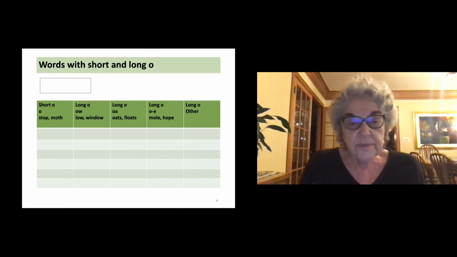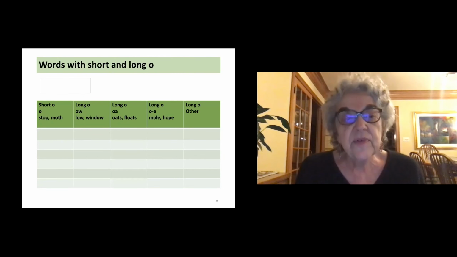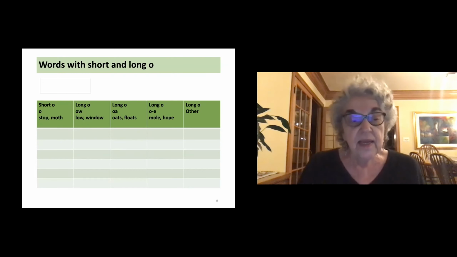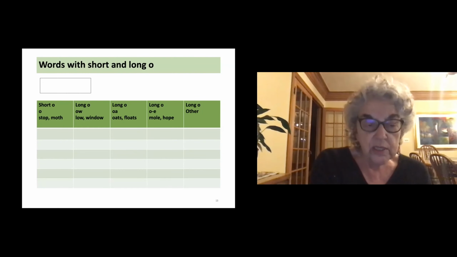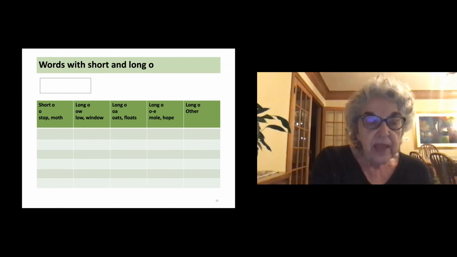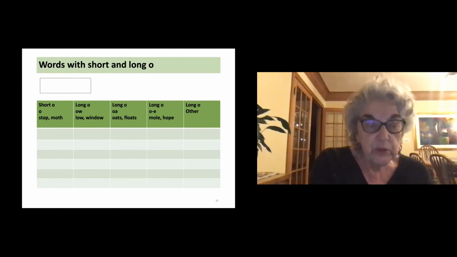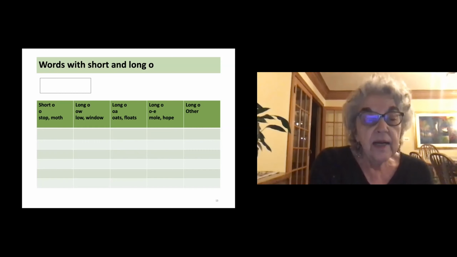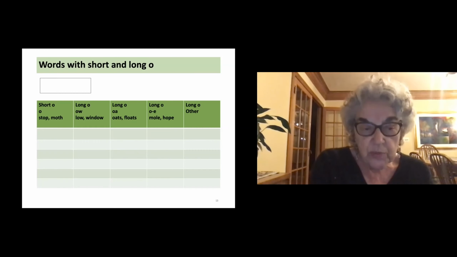All right. First, let's do the activity where we sort and go on the chart to the left. Put your finger on the first square, and it says short O. And again, say the sound ah, good, as in stop and moth. Say those words with me.